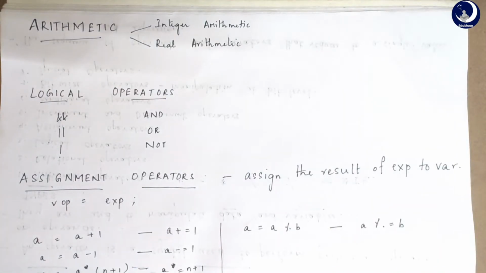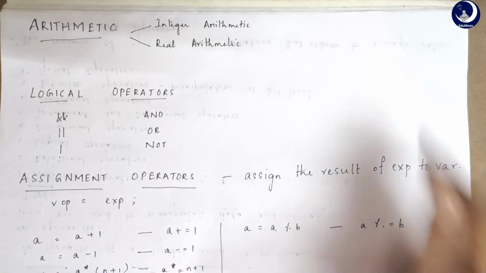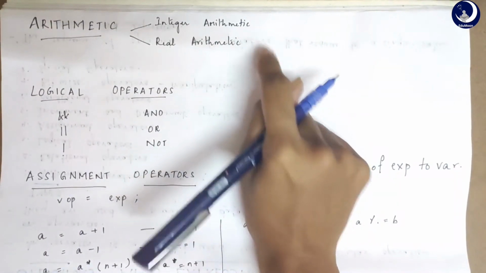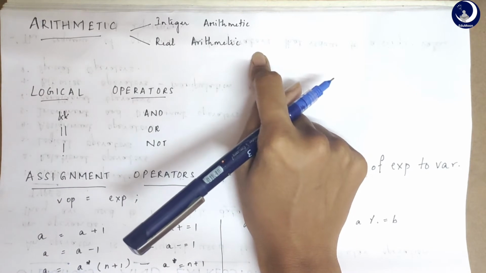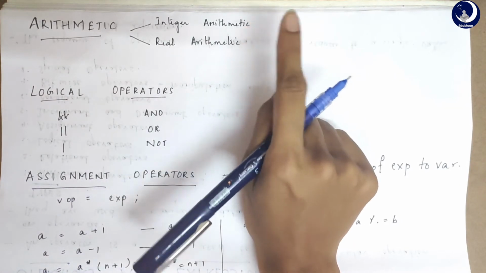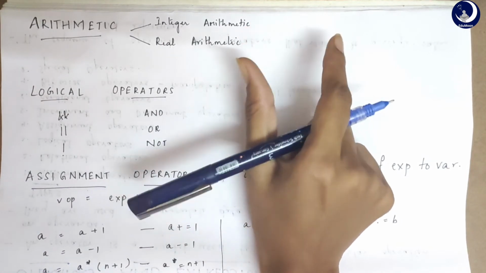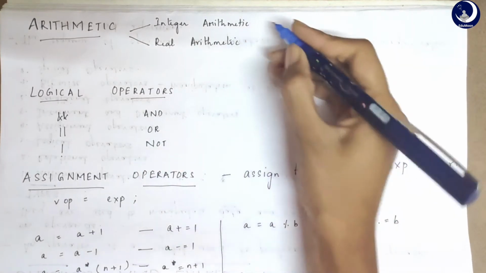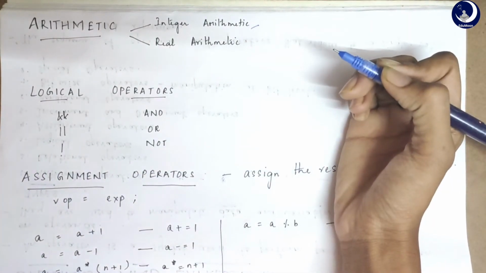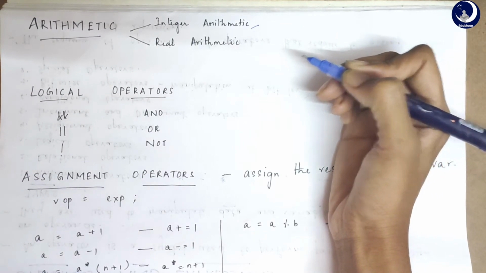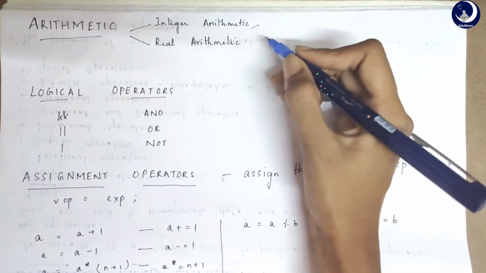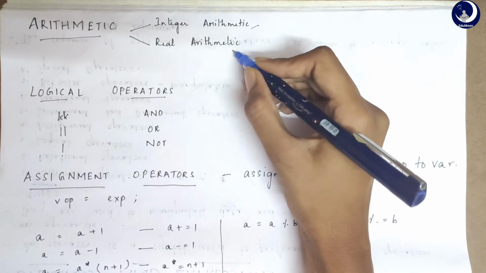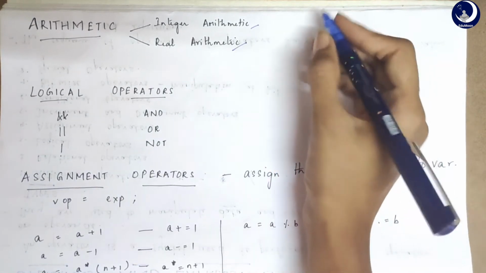In arithmetic operators, we have two types of operations. They are integer arithmetic and real arithmetic. When both the operands in a single arithmetic expression are integers, they are called integer arithmetic. Likewise, when the operands are real operands, they are called real arithmetic.